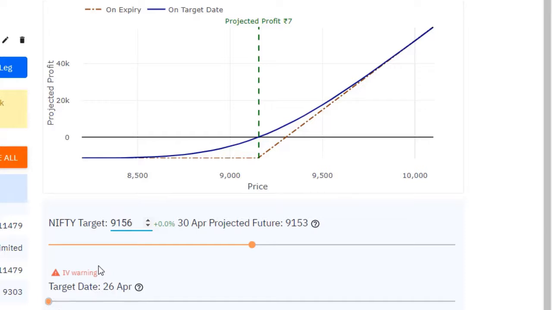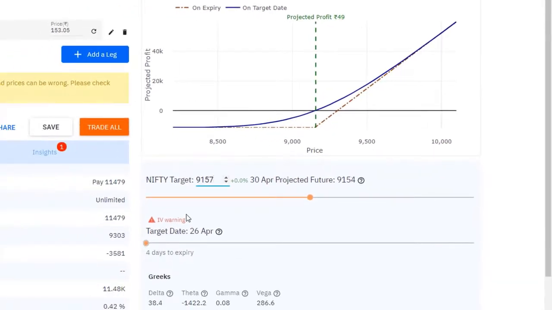So the projected P&L will become around 46, 47. The P&L jump would be around 39 rupees. So let's see what it is. Okay, jump to 49, which is roughly 40 rupees. This is right? So I figured out that if Nifty goes up 1 point, your option P&L will jump by 40 rupees. Now, how did I do that?